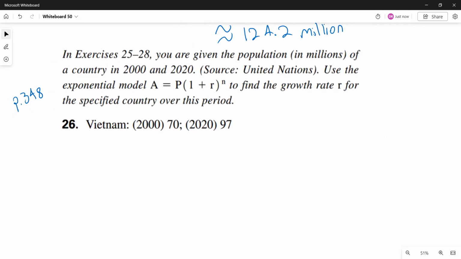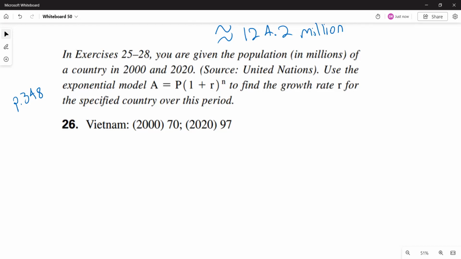Okay, so they give us the population of Vietnam in 2000, and the population in 2020.